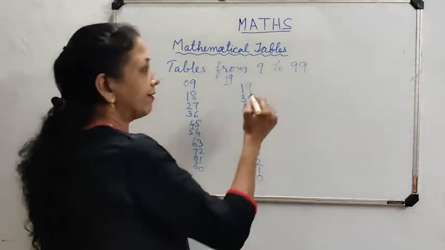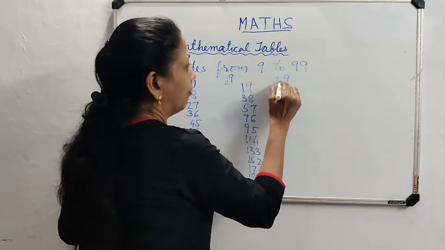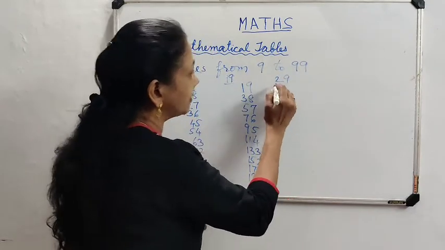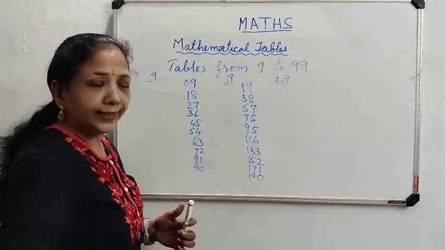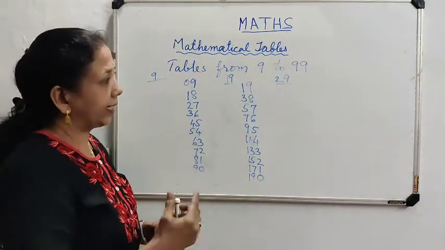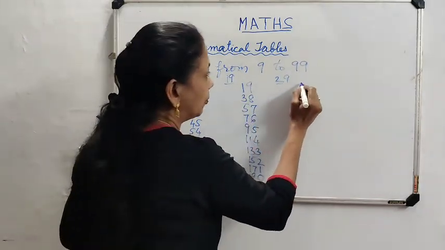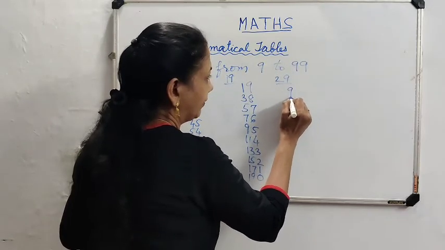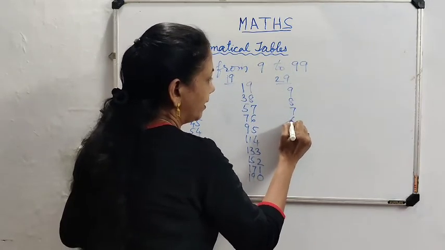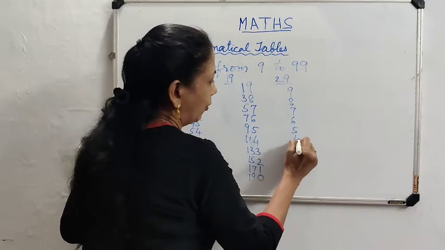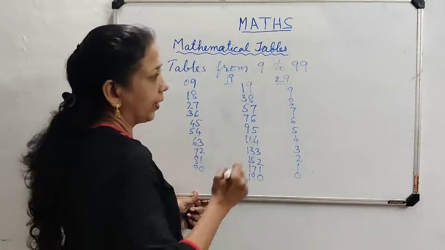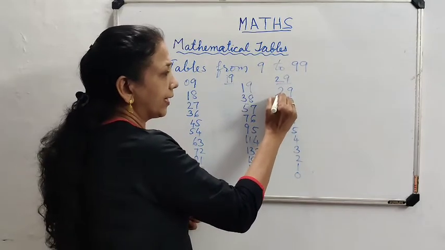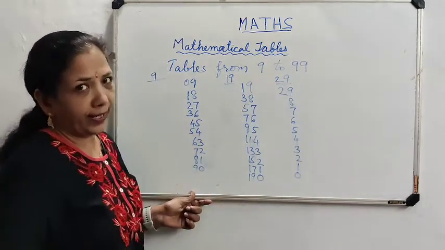Okay. Now I will show you 29. These are the tables with ones place 9: 29, 39, 49, 59 like that. So first, write 9, 8, 7, 6, 5, 4, 3, 2, 1, 0. Here 29 one is 29.